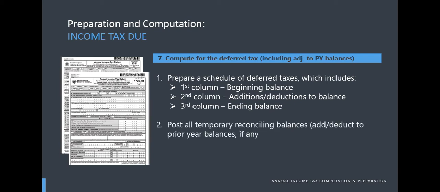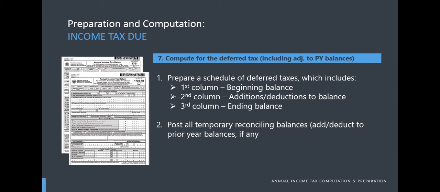So upon preparation, post all the temporary reconciling balances. Again, the deferred taxes are temporary reconciling balances. So yun lang yung ipopost natin. Permanent differences were off the records na.